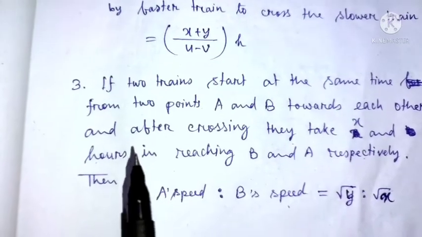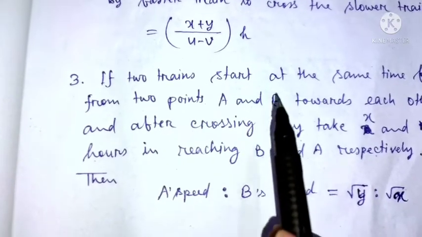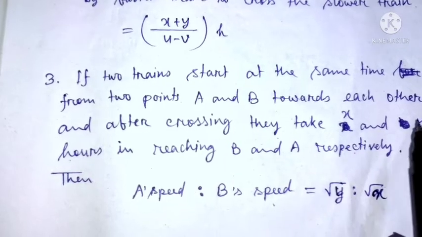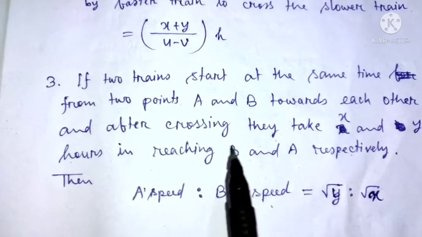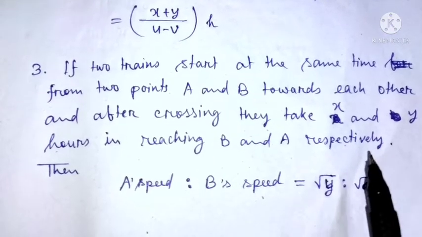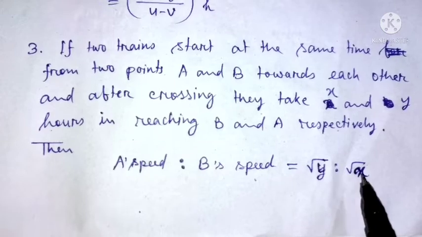Now the next point is that if two trains start at the same time from two points A and B towards each other, and after crossing they take x and y hours in reaching B and A respectively, then A's speed is to B's speed equal to root over y is to root over x.